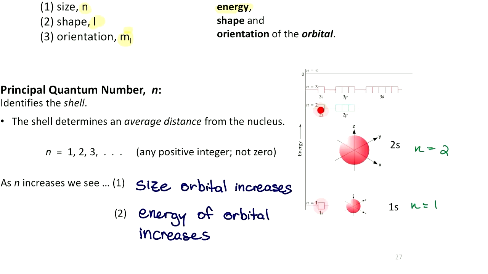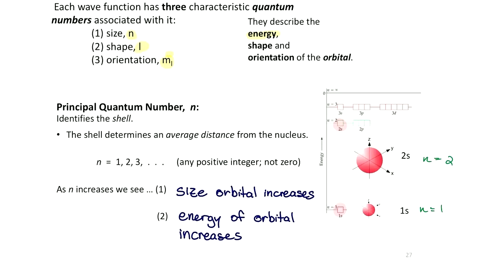So we see this n equals 2 electron is both higher in energy and overall further from our nucleus. As n increases, the probability of finding our electron gets further away from the nucleus, and energy increases. So that relates n to size and energy.